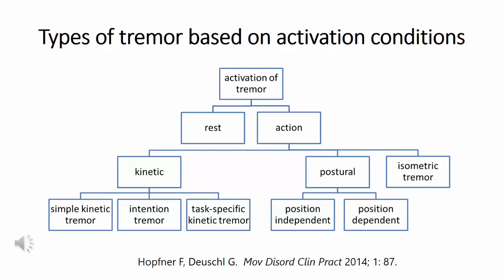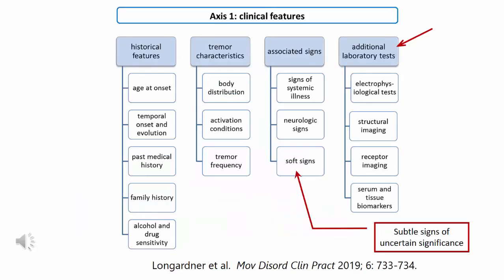There are 4 categories of Axis 1 clinical features: historical features, tremor characteristics, associated signs, and laboratory features. These Axis 1 features are similar to those in the dystonia classification scheme, except for the inclusion of laboratory tests.